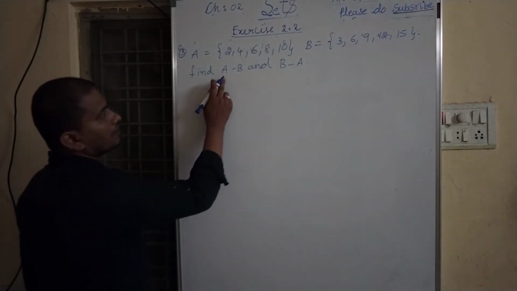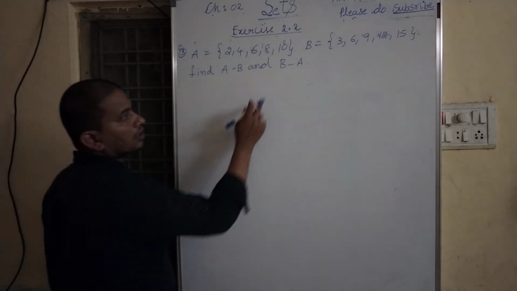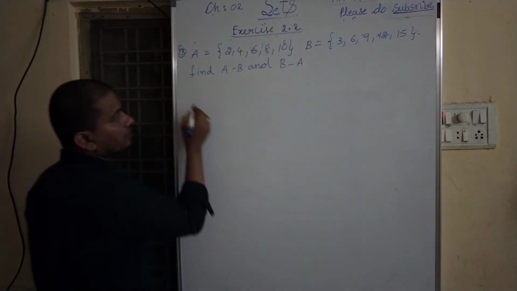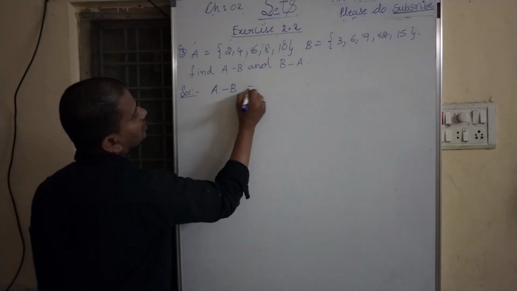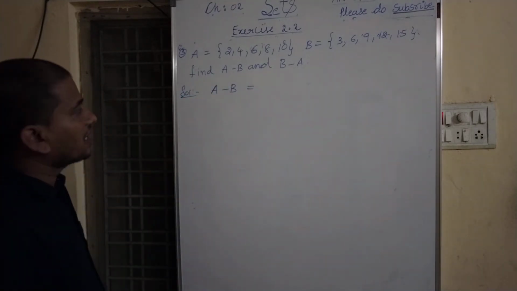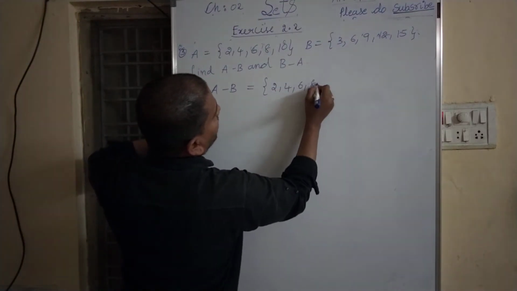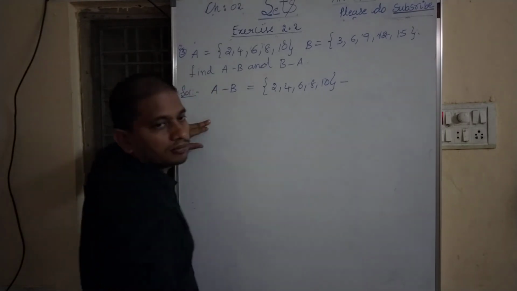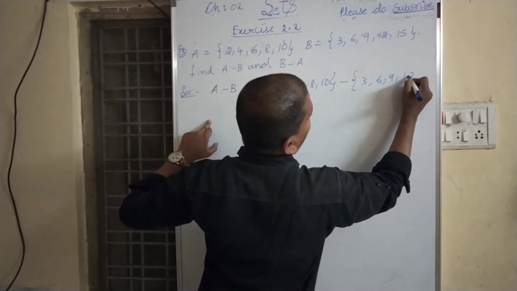We have to find A minus B, the difference between A and B, and B minus A, the difference between B and A. Let me find out A minus B. What is A? A value is 2, 4, 6, 8, 10. Minus what is B? 3, 6, 9, 12, 15.